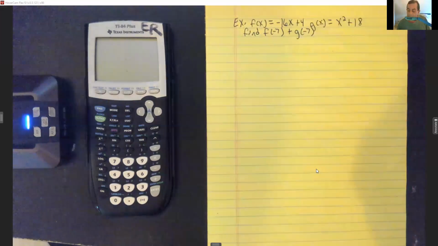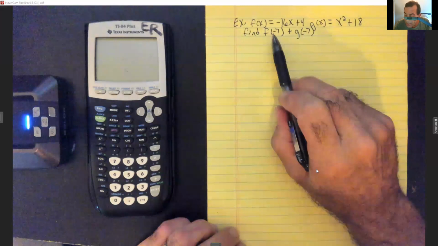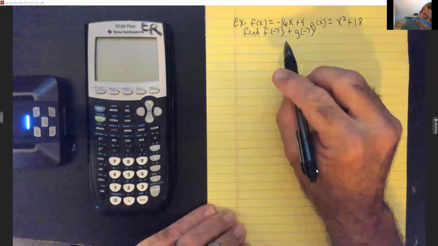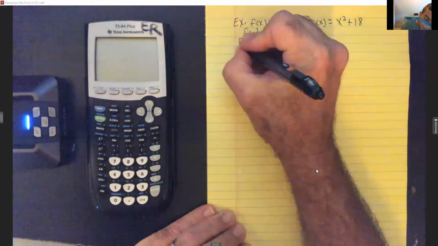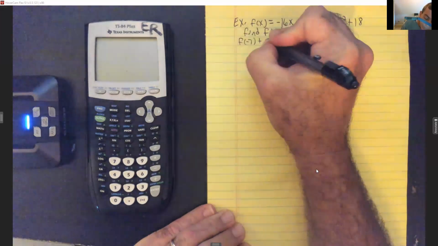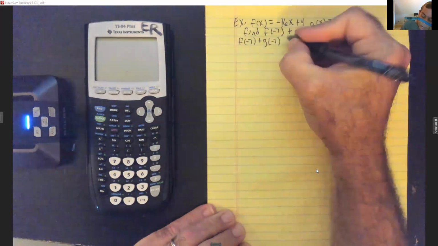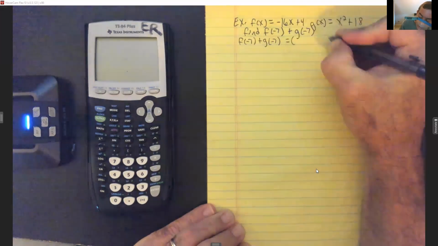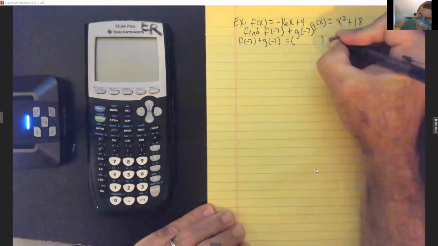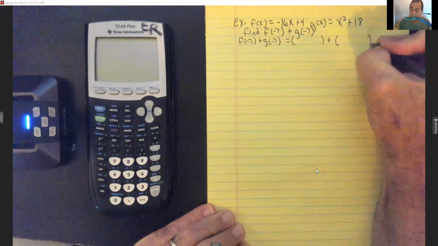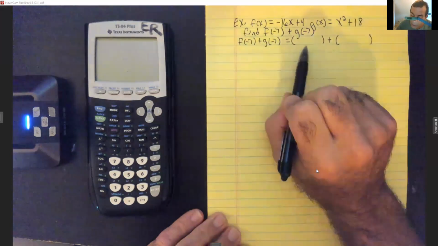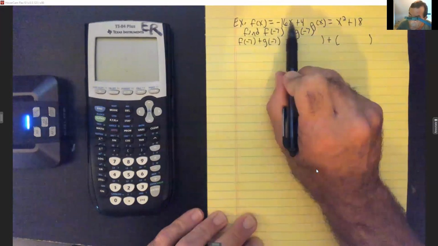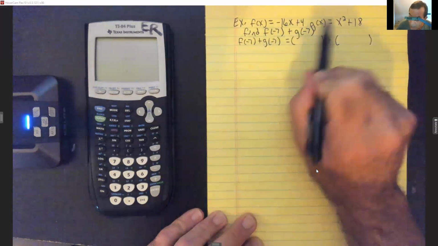So notice this time, I don't have x's in this. They gave me numbers. So f of negative 7 plus g of negative 7 is going to equal f of negative 7. I'm going to put this in parentheses plus my g of negative 7 in parentheses. Now, when I put this one in there, since they're putting a negative 7 here instead of x's, when I rewrite this, I've got to replace these x's with a negative 7.